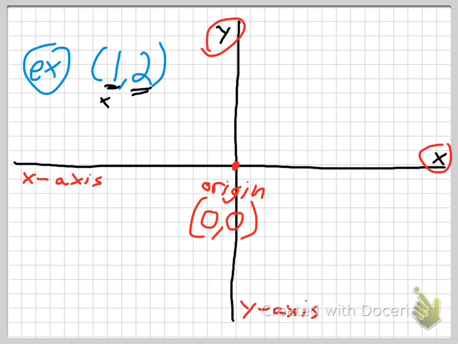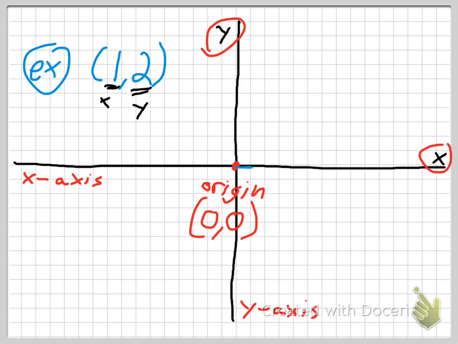My second number tells me my y. So my first number, which is my x, tells me how I'm moving on that number line, left and right. So if it's a 1, I know that if this is 0 right in the center, I need to move a positive 1. So I'm going to move to the right one spot right there.